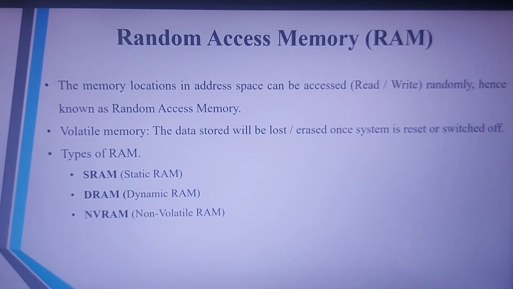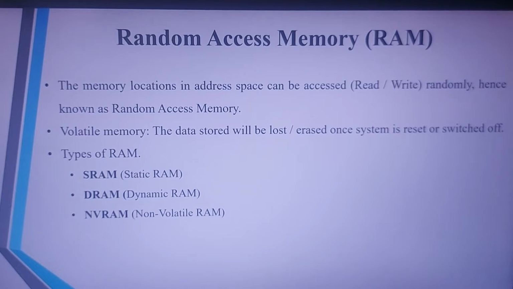As we can access any random location in the address space, we refer to such memory as random access memory. The circuitry is designed in such a way that, given the address, we can access any memory location available in the address space.